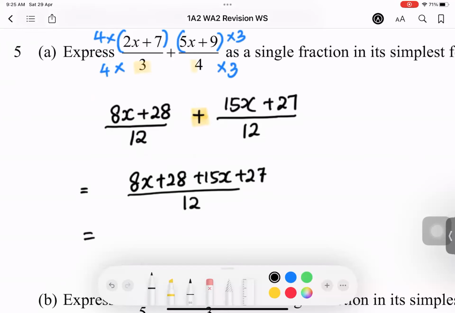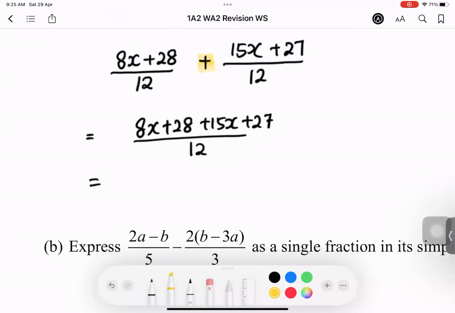Then we combine the like terms together. 8x together with 15x, and positive 28 with positive 27. Can you give me the final answer? 8 plus 15, how much will you get? 23.